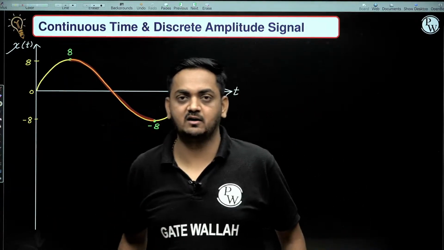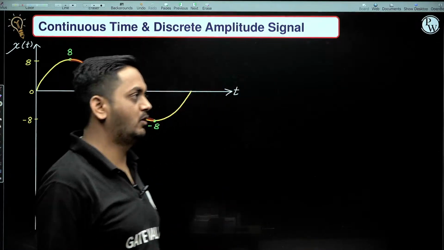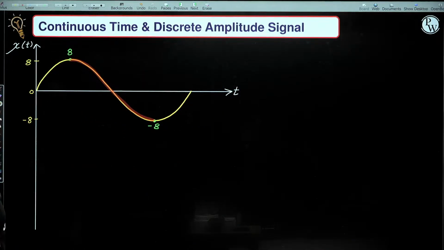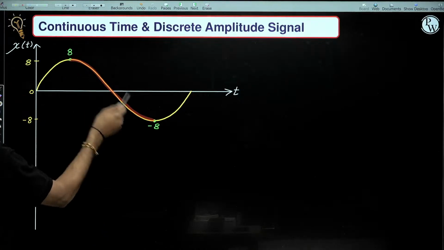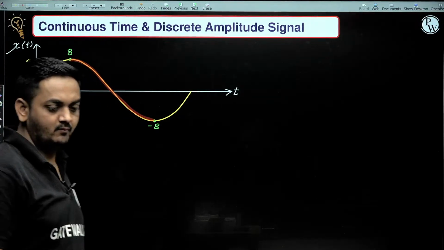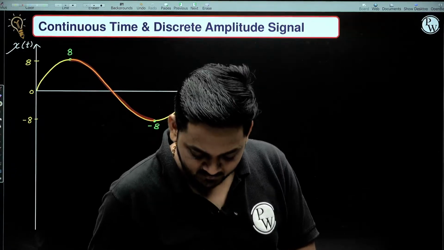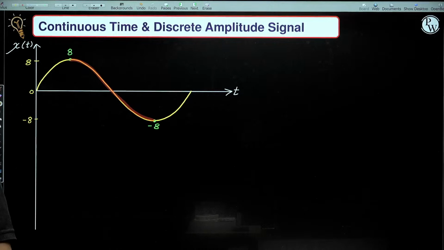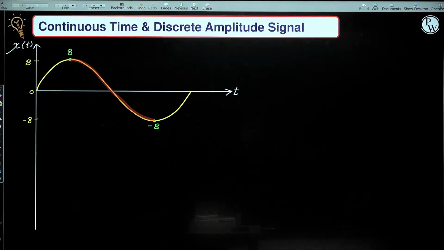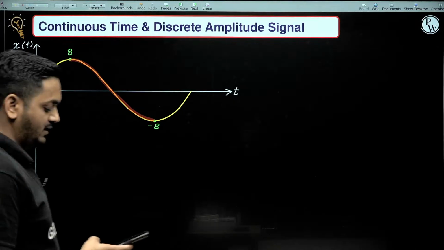Of course, you can see here, an infinite number of amplitudes are possible between minus 8 and 8, guys. Yes or no? It is a continuous amplitude and continuous time signal. Time is also continuous and amplitude also continuous.